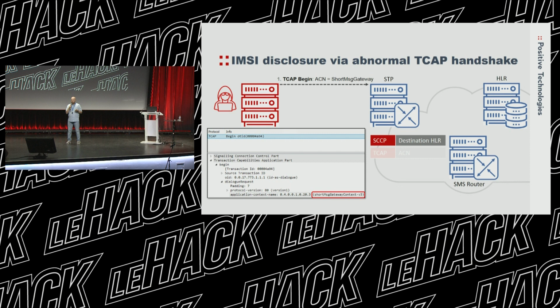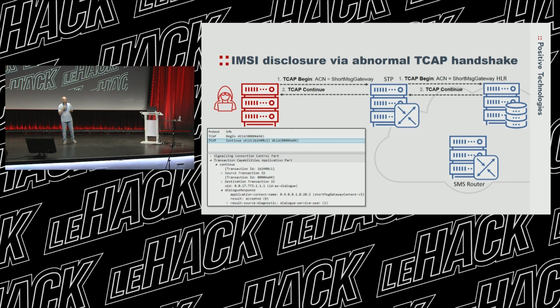This is the HLR. It is on the SCCP layer. It finds the application context name on the TCAP layer, but there is no MAP operation here. But MAP is a trigger to send the signal message to the SMS router and involve the SMS home routing procedure. So there is no operation code, no SMS home routing procedure. The STP sends this signal message to the HLR directly. And big surprise, the HLR sends continue, that means please proceed with this operation.